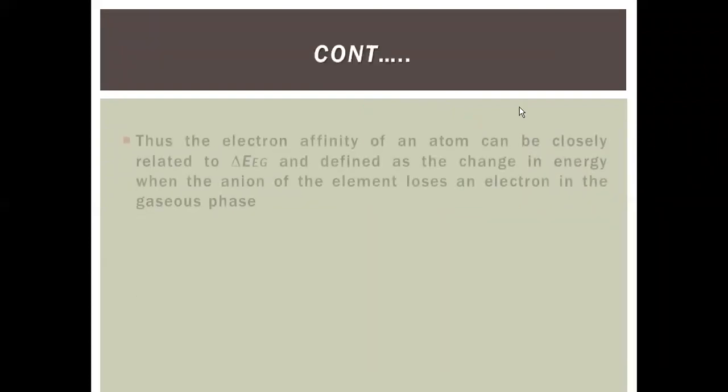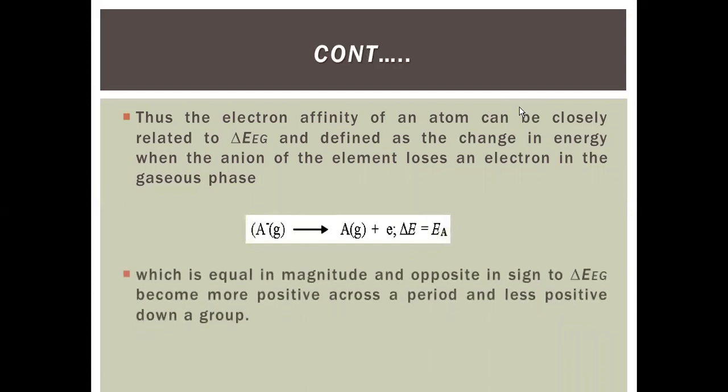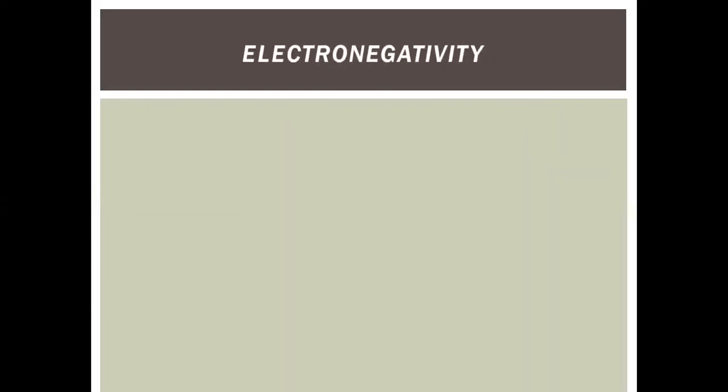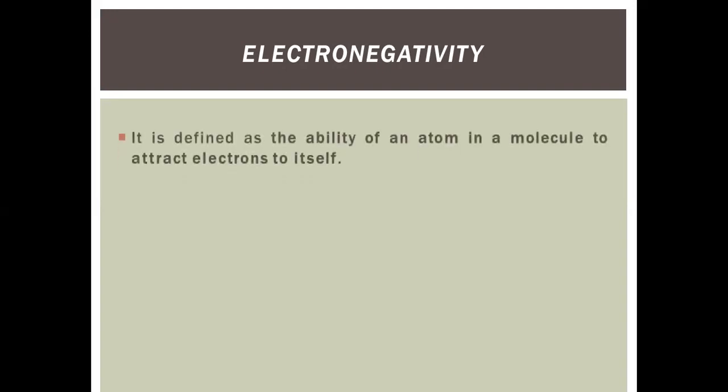Next we go to the electronegativity. So what is meant by electronegativity? It is clearly defined: electronegativity is the ability of an atom in a molecule to attract electrons to itself.